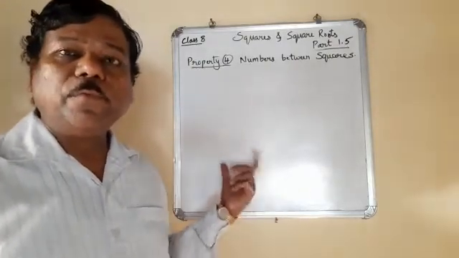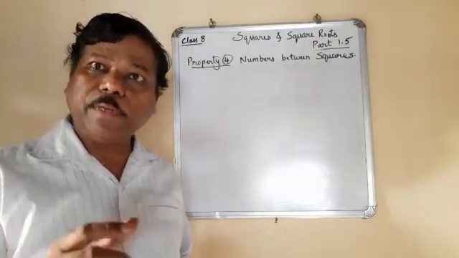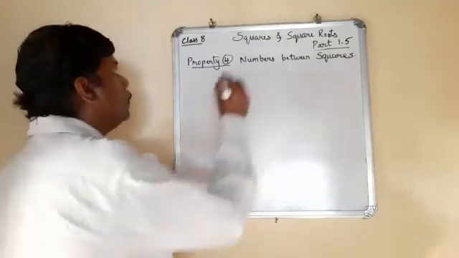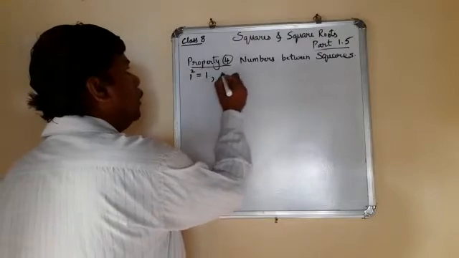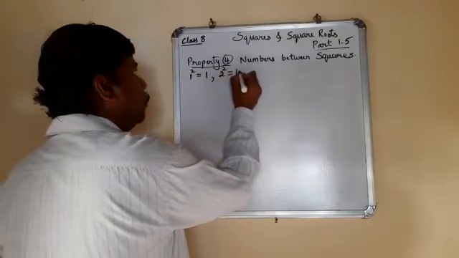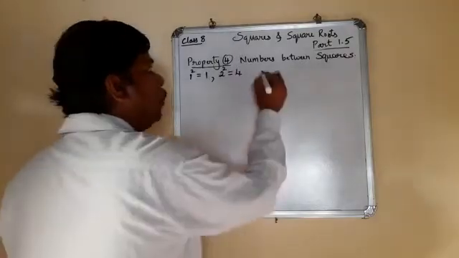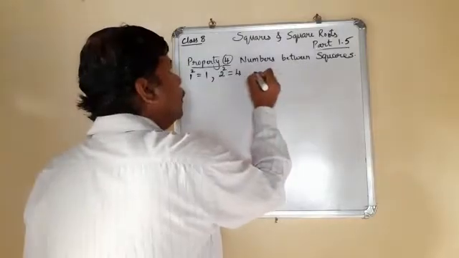Today we are going for the fourth property to see how many numbers are there between two perfect square numbers. Let us check it out. So 1 square is equal to 1 and 2 square is equal to 4. Between 1 and 4, how many numbers are there?